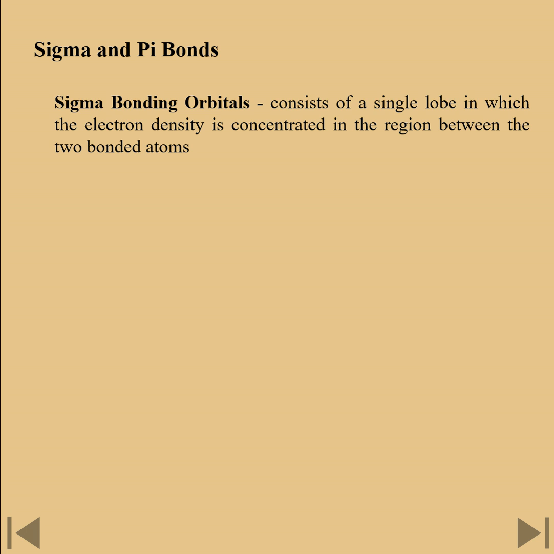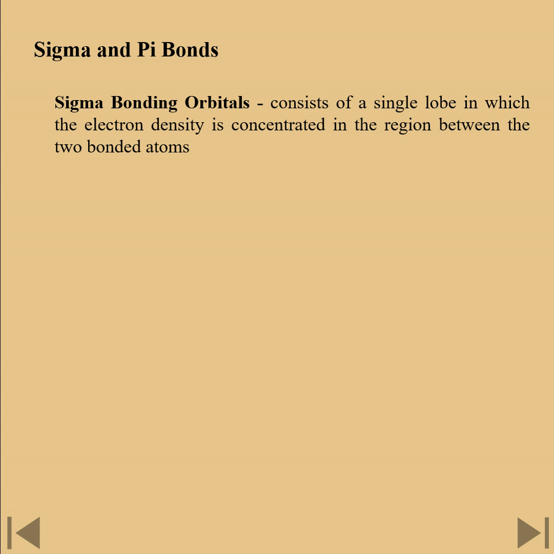Okay, the last thing that we need to go over before we just do a lot of practice is sigma and pi bonds. I hope that you will find this to be an easy concept. I think you will. Let me give you kind of the long way to it, and then I'll give you the real skinny. Sigma bonds are essentially the bond that results from concentrating the electron density between the 2 atoms. So I've got 2 atoms, and I'm concentrating electron density between them. That is my sigma bond.